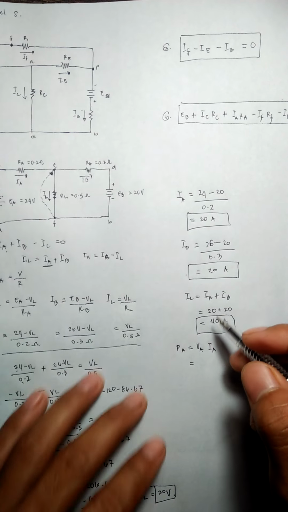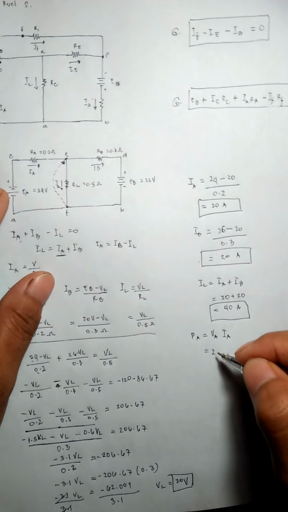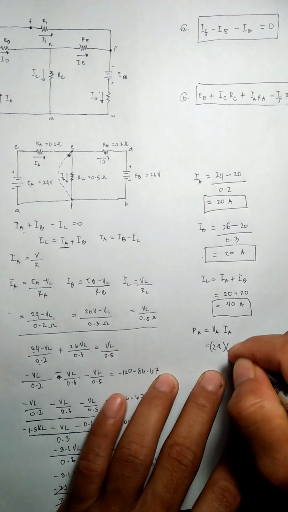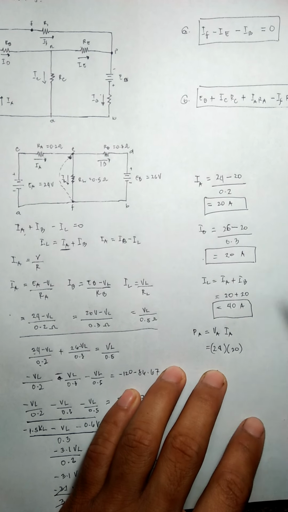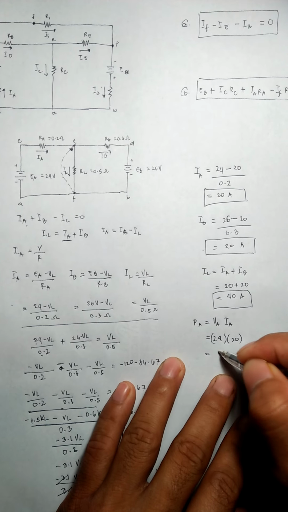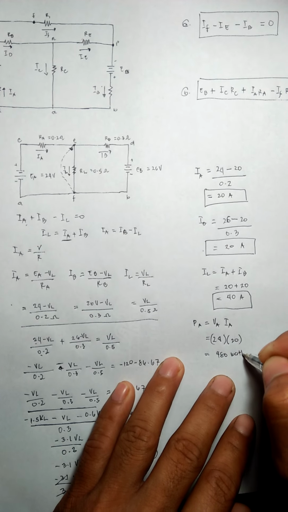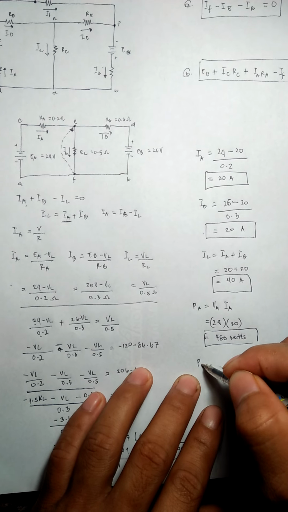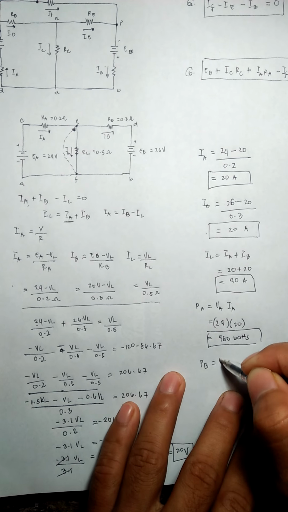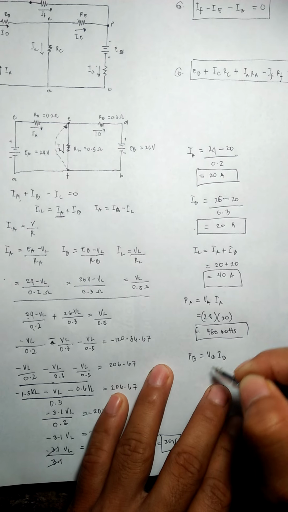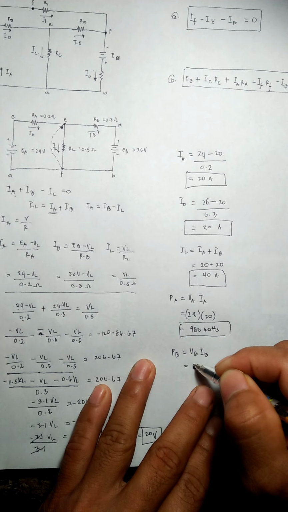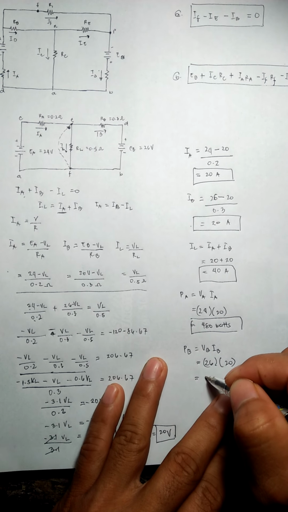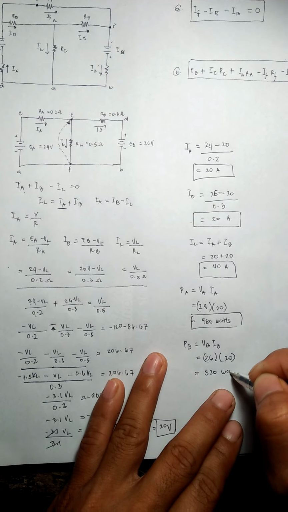Our VA is 24, so 24 times 20, which is our IA, is 480 watts. Then the second one, PB, is equal to VB times IB. VB is 26 times 20, equal to 520 watts.